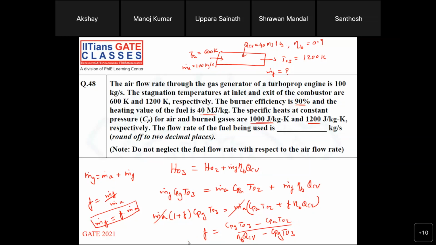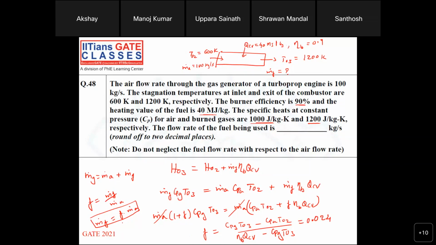I am leaving the calculation to you guys. I am not doing the numerical values of the intermediate steps. You should get the fuel to air ratio to be 0.024 something. And once you know F, you can use this and calculate the mass flow rate of fuel.